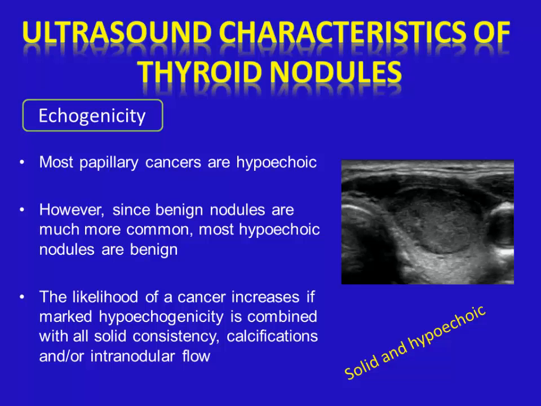But if you go for multiple papillary carcinomas and you look back at what they looked like, they found that most of them were hypoechoic. And although this feature is not that specific for being malignant, it can be of more specificity and sensitivity if it is combined with other features like the solid consistency, the calcification, and the intranodular flow.